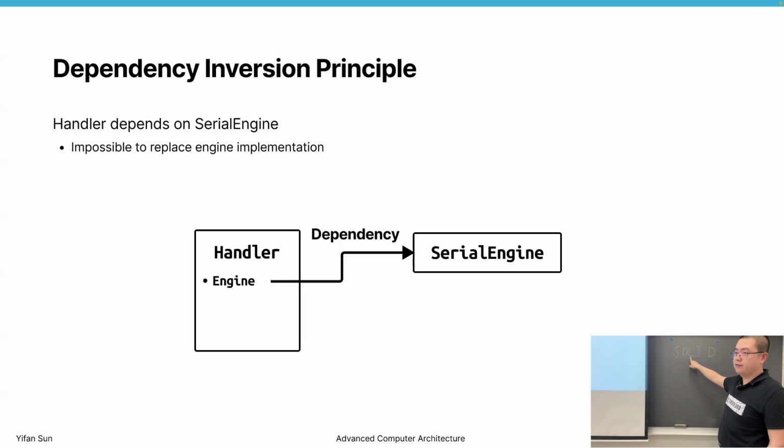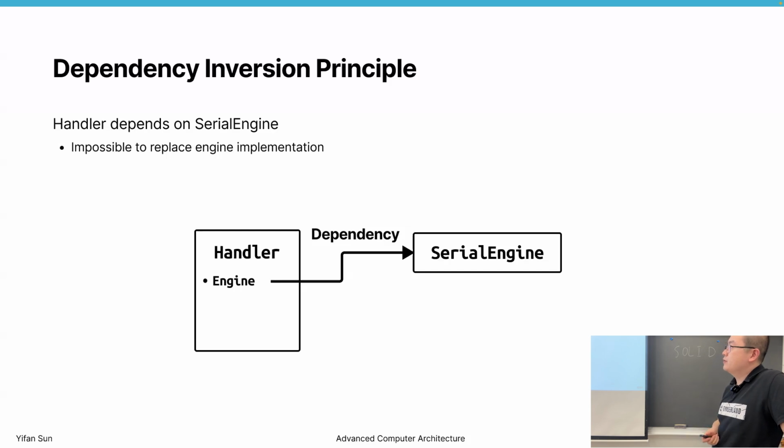L is Liskov substitution. I think this is probably the least important one. It's not that relevant for Go. I is for interface segregation. D is for dependency inversion. So I will go through every principle with you while we're introducing the simulator.